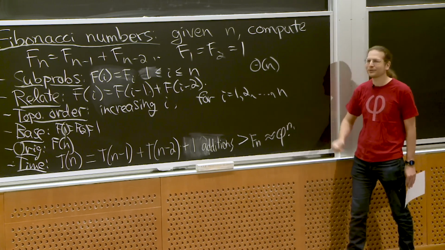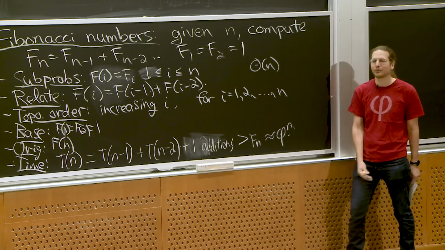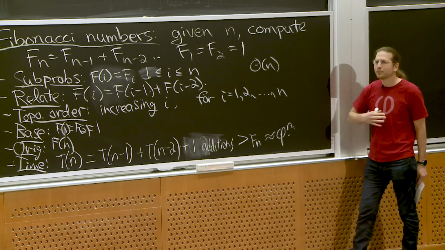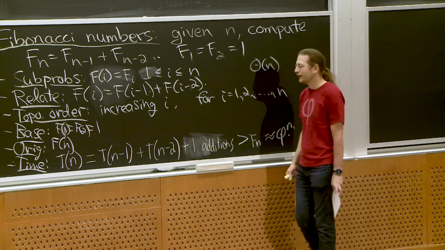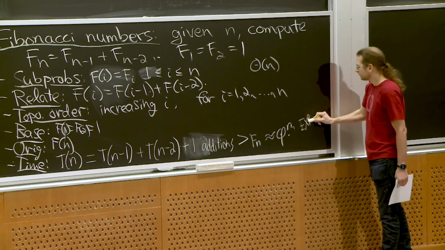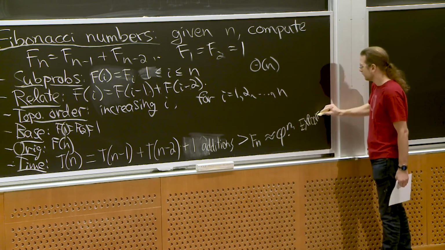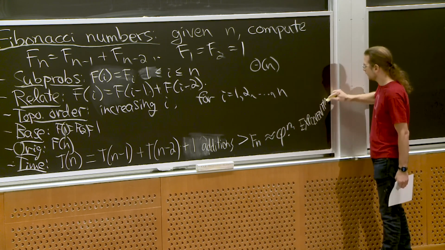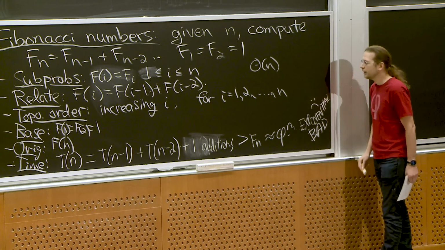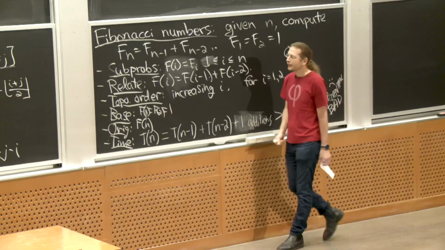And in algorithms, exponential growth is bad because we can only solve very small problems, very small n. So this is a terrible way to compute the nth Fibonacci number. Exponential is bad. OK, so don't do this.